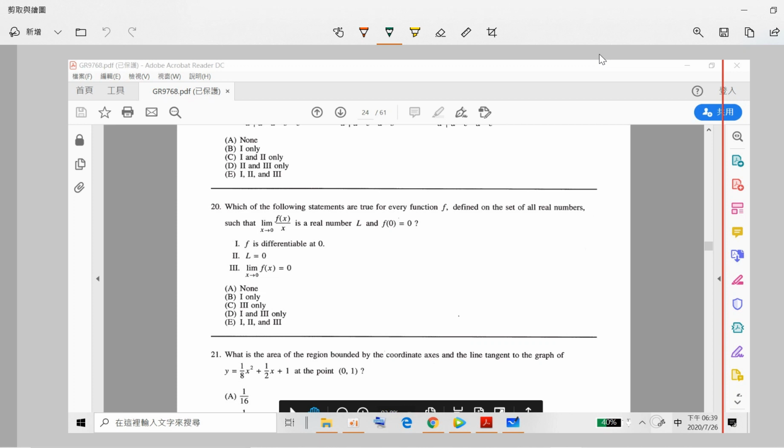The first one says that f is differentiable at 0. This is true, and the reason is that this is the definition of the derivative at x equals 0, and f of 0 is 0, so there is no extra term, and it already tells you that the limit as x goes to 0 of f of x divided by x is a real number L. The second says L is 0.